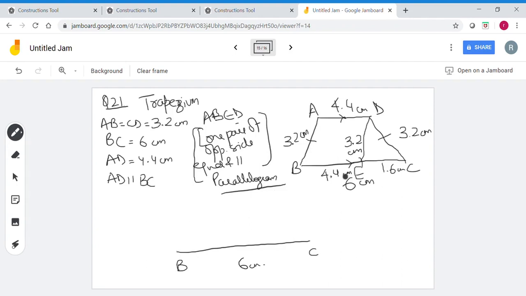Now using this property, let's see if I can do this construction. So let's say from B I mark E, which is at a length of 4.4 centimeters. Now will I be able to find point D?